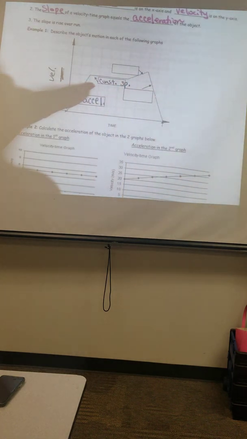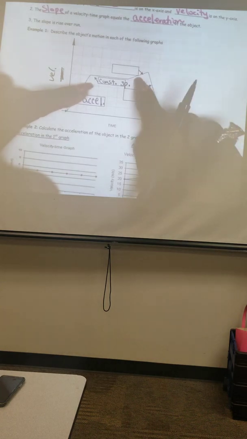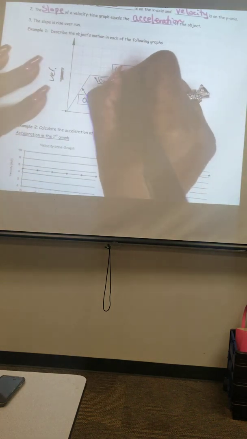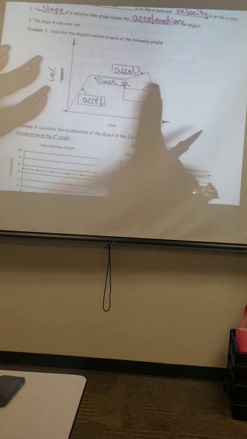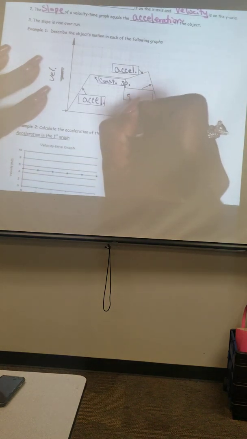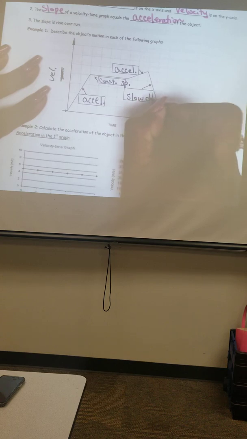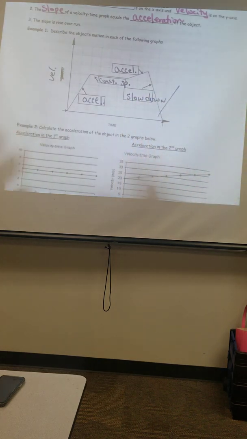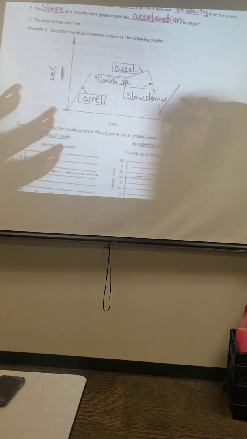I'm not saying that it's not moving, it is moving, but it's moving at a constant speed. If I have another direct relationship line, it means that it is accelerating, and an inverse relationship line means that it is slowing down. But if you were driving, what's another word for slowing down? Brakes and decelerating. So you're braking, you're decelerating.